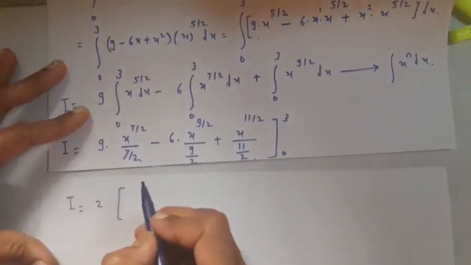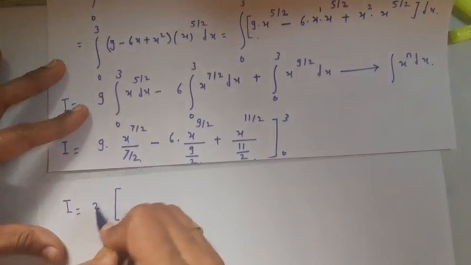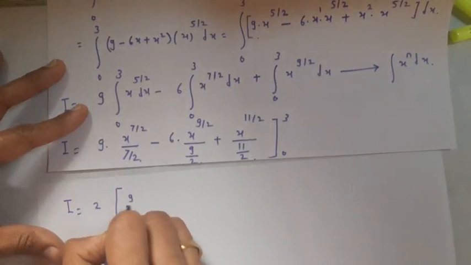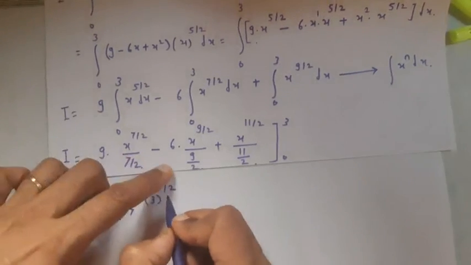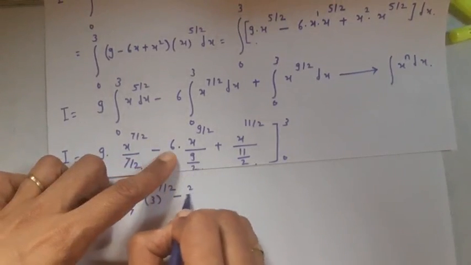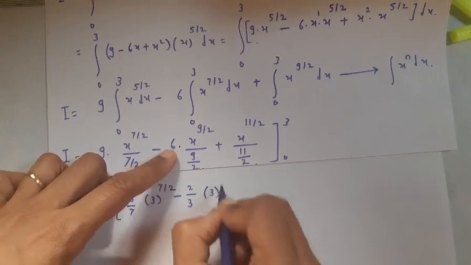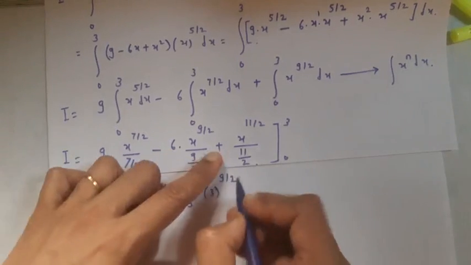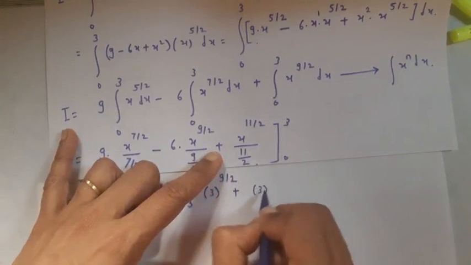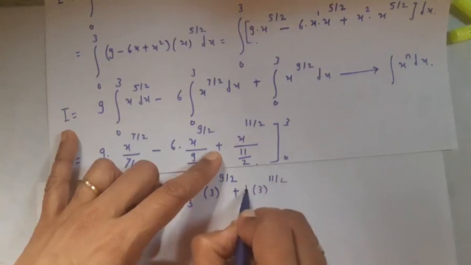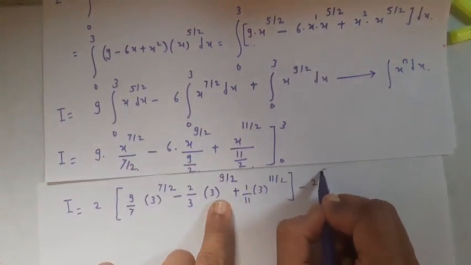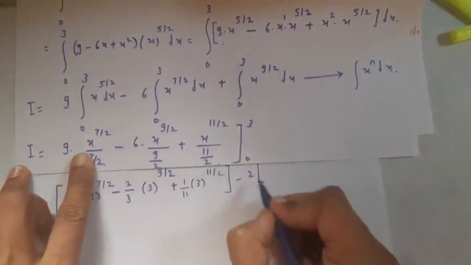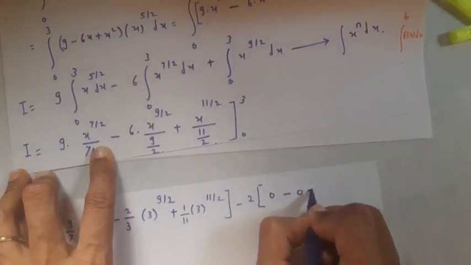So we have taken the 2 outside, that is common out 2, and this is 9 by 7, 3 raised to 7 by 2, okay, minus 6 by 9 means 2 by 3, 3 raised to 9 by 2, plus 3 raised to 11 by 2 into 1 by 11, okay, and minus 2 into, put the value of x equal to 0, that is 0 minus 0 plus 0, that will be 0, upper limit minus lower limit.